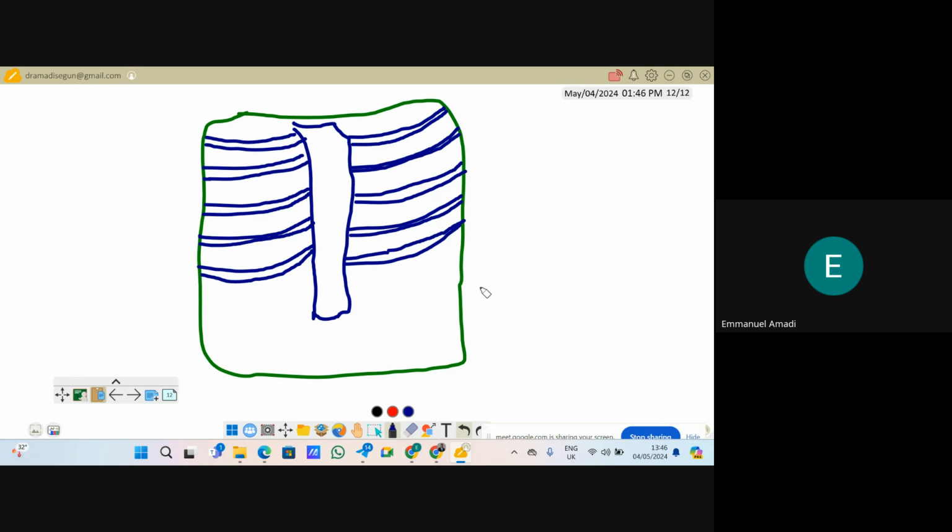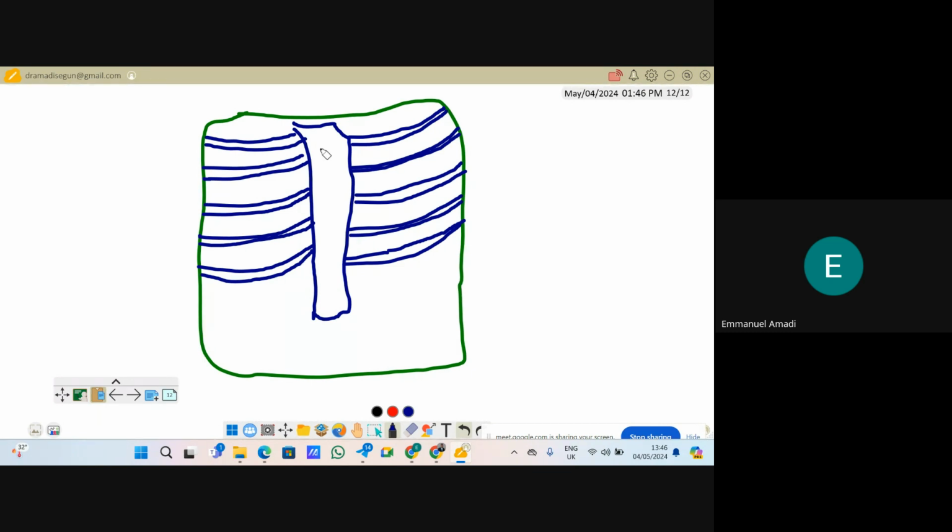Now, look at the valvular areas, and you need to know this and know it well. Four of the valvular areas are definitely aligned with this midline chest bone, that is the sternum.